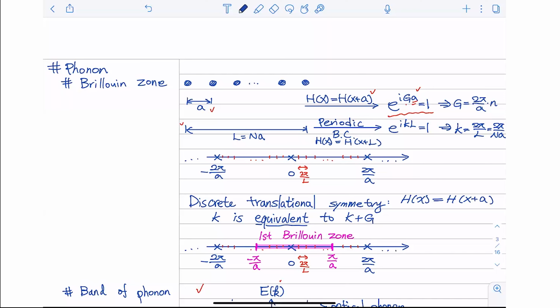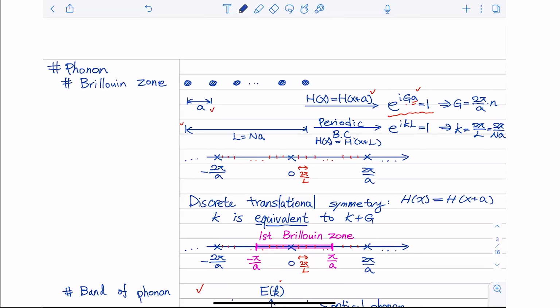And then when we study a large system where N is of order 10 to the power of 23, usually we say the boundary condition is not essentially important. So we choose the boundary condition to satisfy our need. Basically, we just choose the convenient boundary condition to study our system.